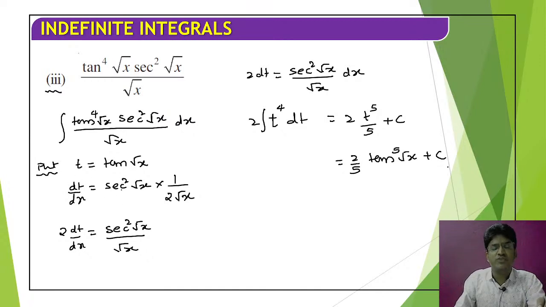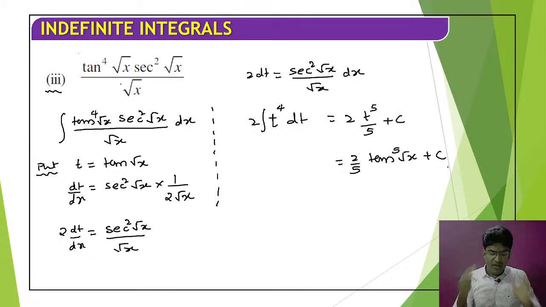So dt by dx will be equal to secant square root x multiplied with 1 by 2 root x. So I will take 2 on LHS, it will be 2 dt divided by dx equal to secant square root x divided by root x. I will take dx on LHS. It will become 2 dt equal to secant square root x divided by root x dx. Now I will replace all the terms. Once I replace all the terms, it will be t raised to 4 dt. Clear?